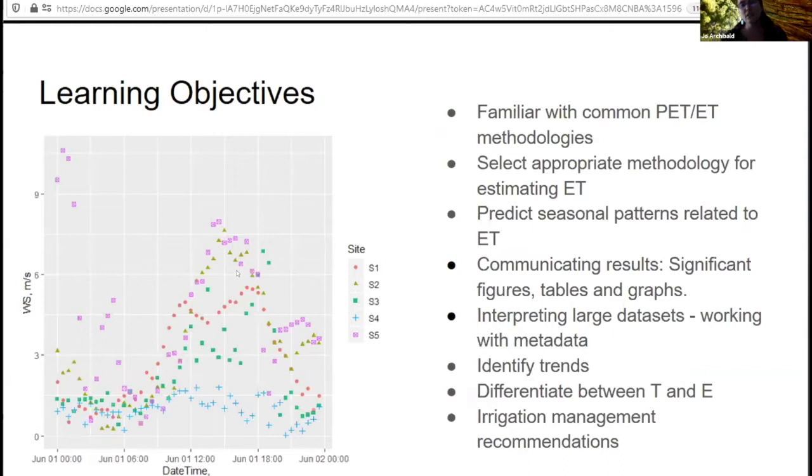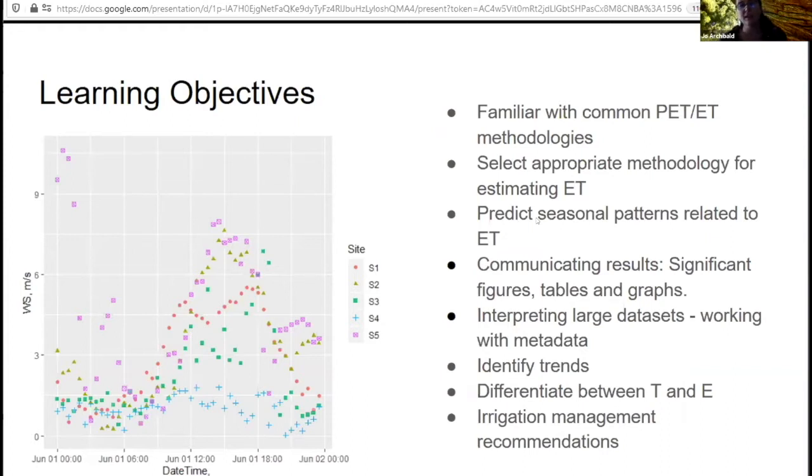So in addition to all of the learning objectives that we would associate with those topics, we also brainstormed about some additional objectives that are important for our students to get. We wanted to see if students understand how to select the methodology.